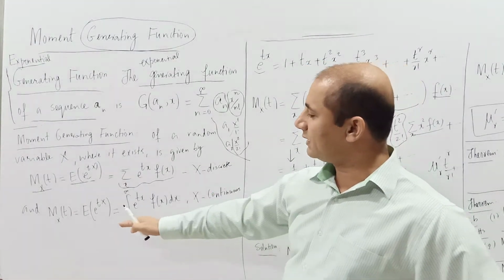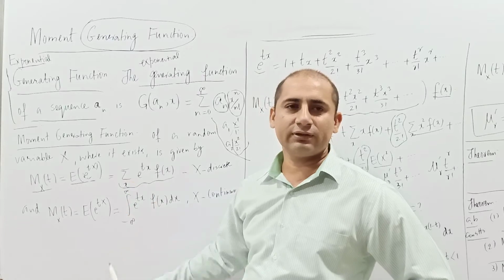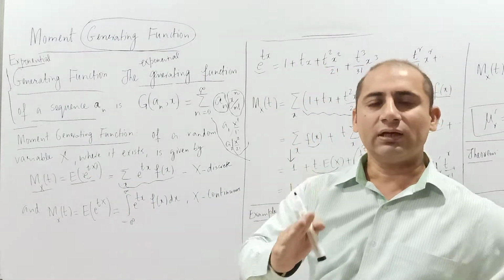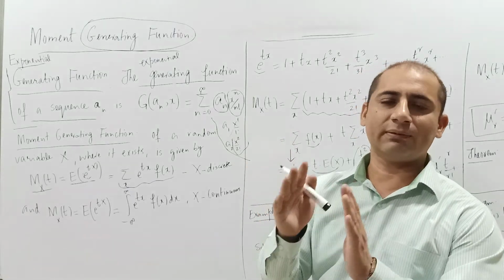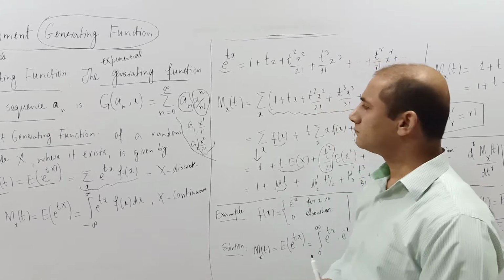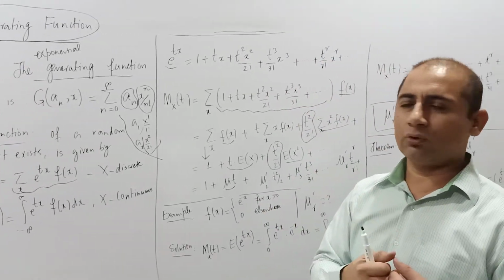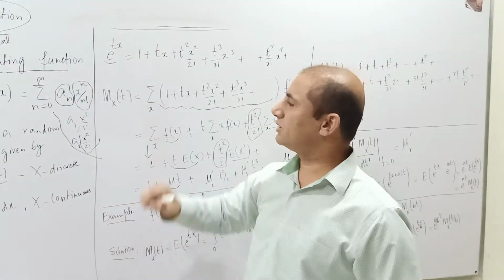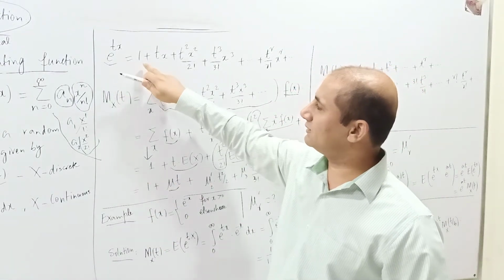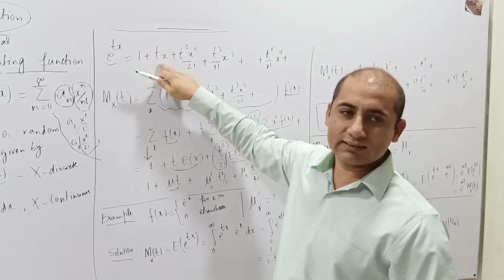And then for the continuous random variable, instead of the summation we will have the integral. Everything else stays the same. Conceptually, for discrete random variable we will have the summation, and for the continuous random variable we will have the integral. So in order to understand it a little more, I'll expand this e to the power tx, and when I expand it, this is the Maclaurin series, this is 1 plus tx.